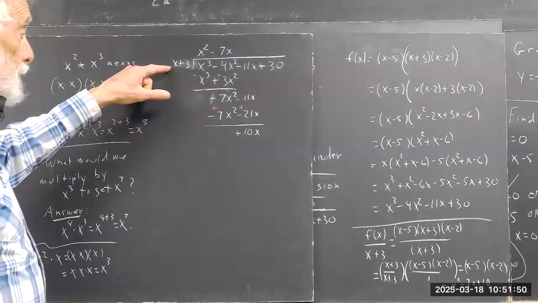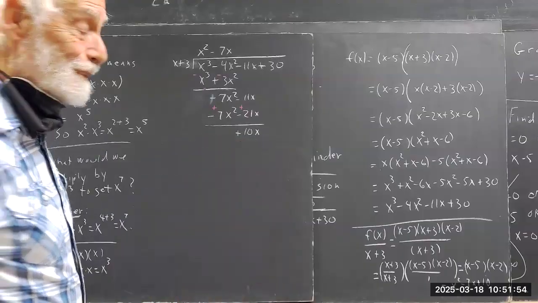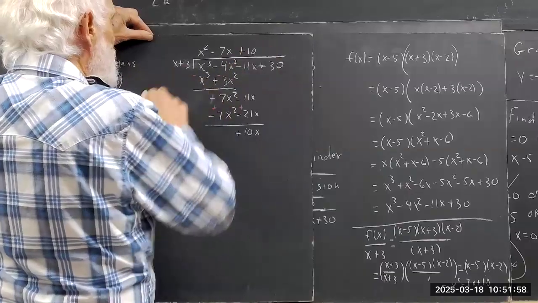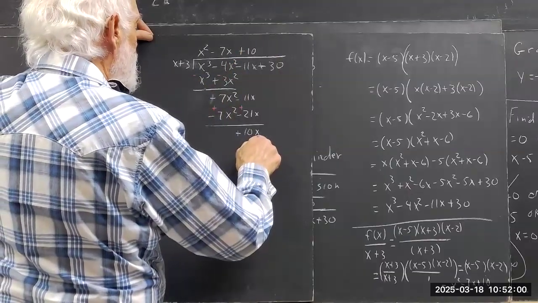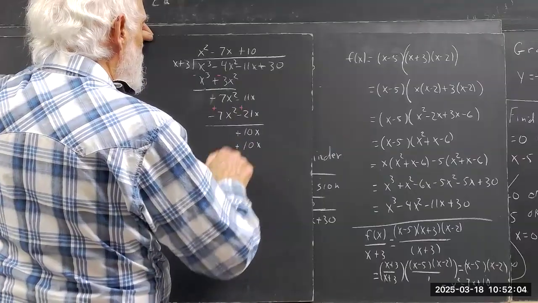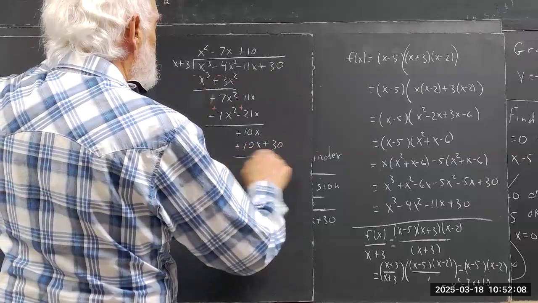I have to multiply x by to get 10x. It might better be 10, right? So I say, okay, multiply now by 10, and that gives me 10x. And then I multiply the 10 by 3, and I get plus 30.